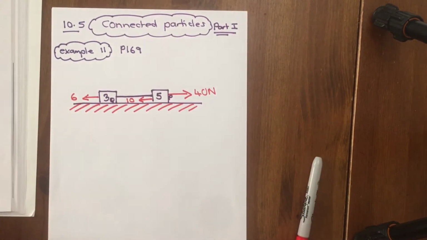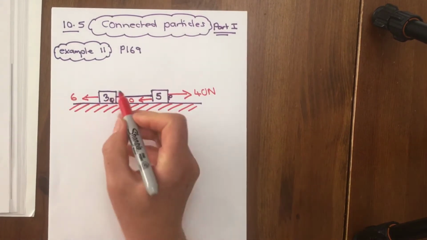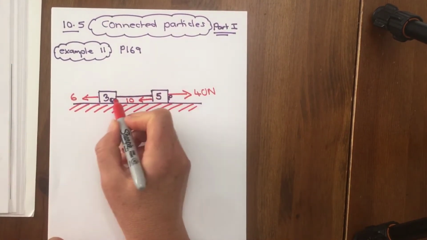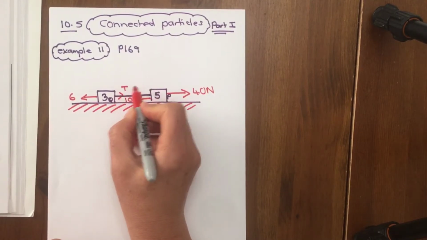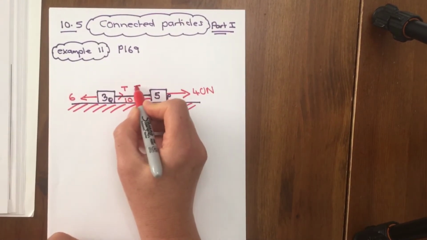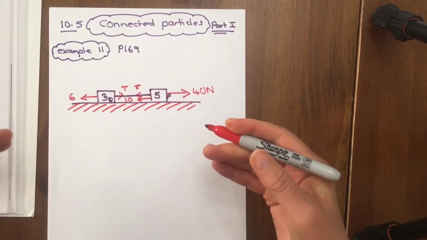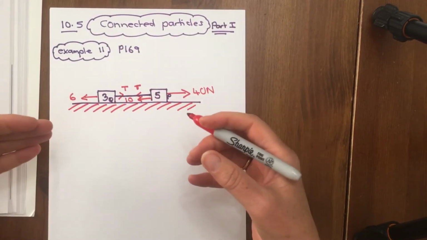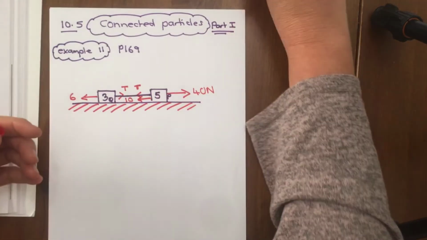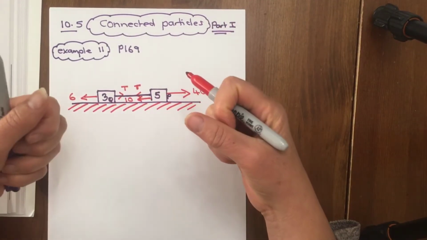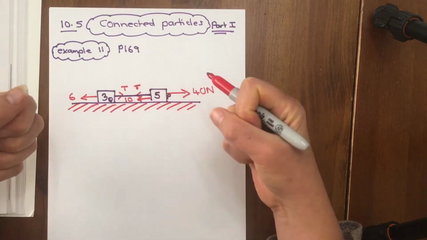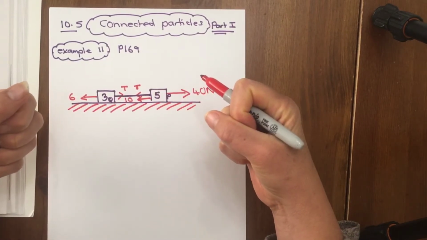Now, what will also happen in the rope that's connecting these two particles, because it's a tight rope, you will have tension between these two particles. So the tension of the one mass will pull the tension of the other mass.